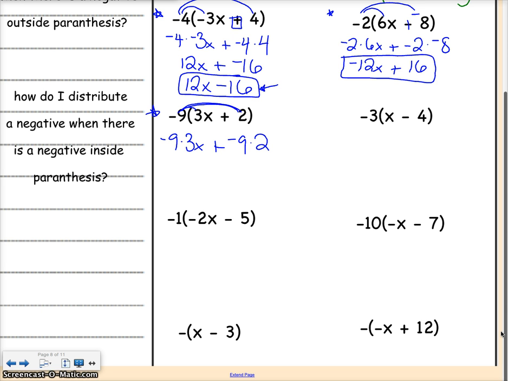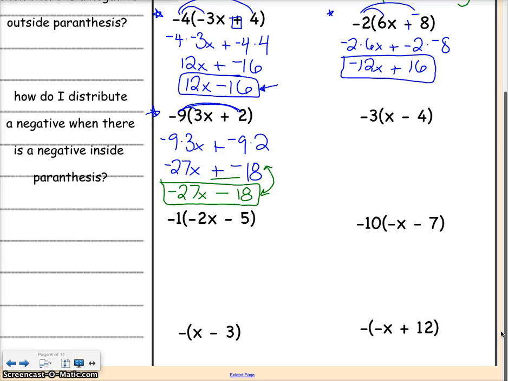Negative 9 and 3 is a negative 27x plus negative 9 times 2 is a negative 18. And here is where we can turn that back to a minus. Negative 27x minus 18. Remember, these two are equivalent. So if you get the first one and then you see the answer as the second one, it is the same thing.